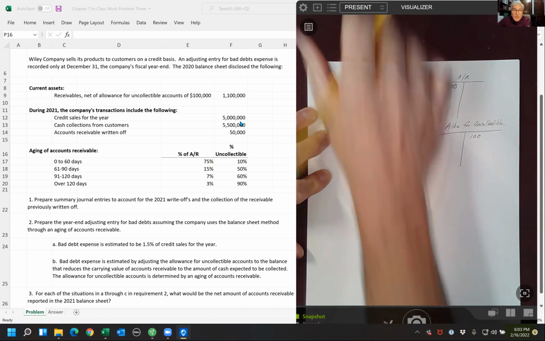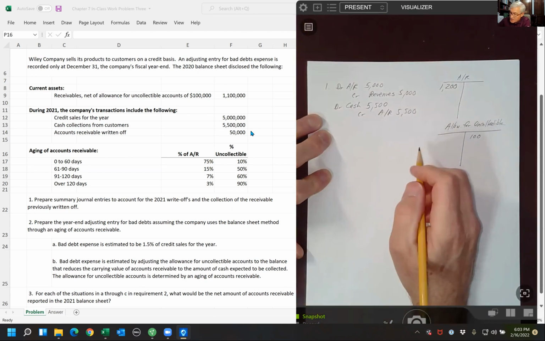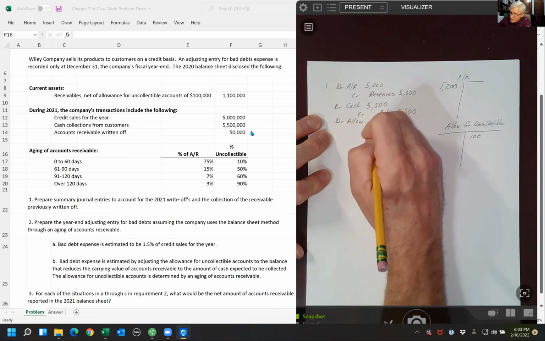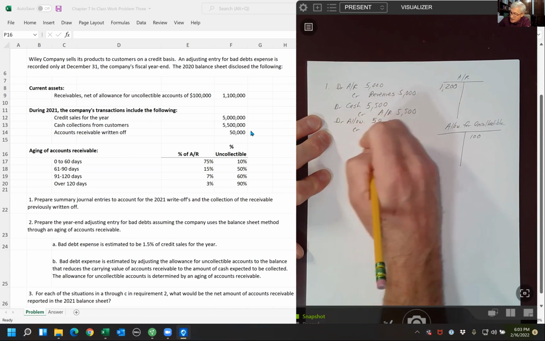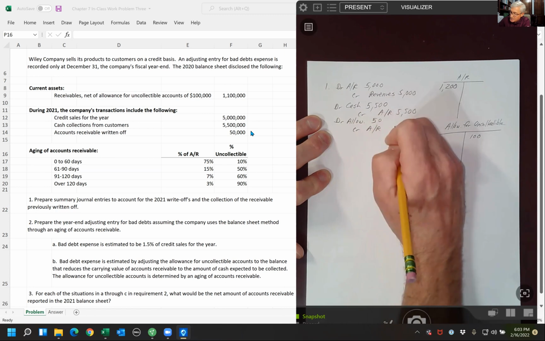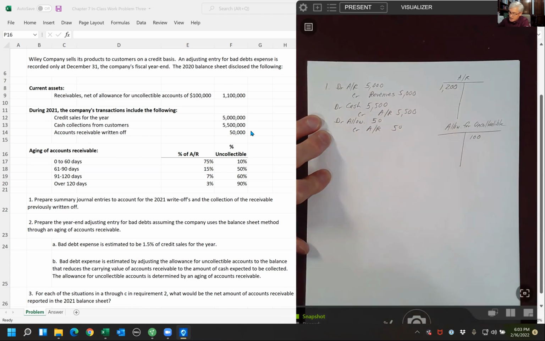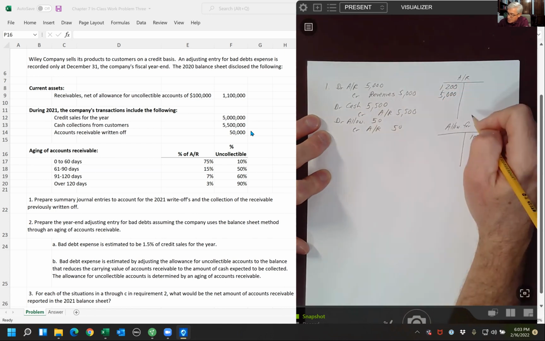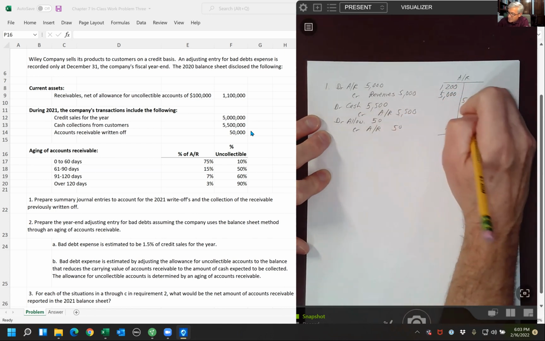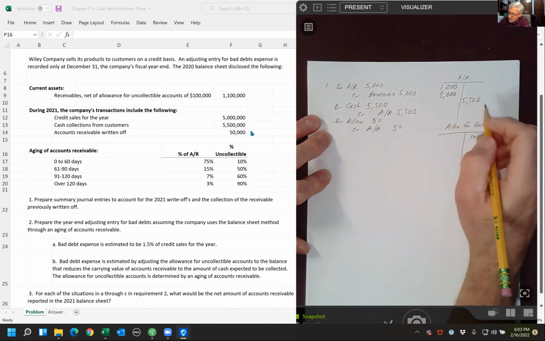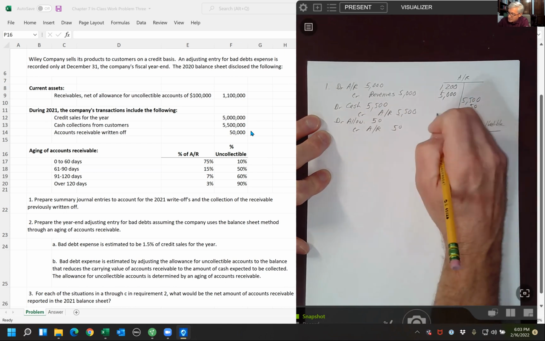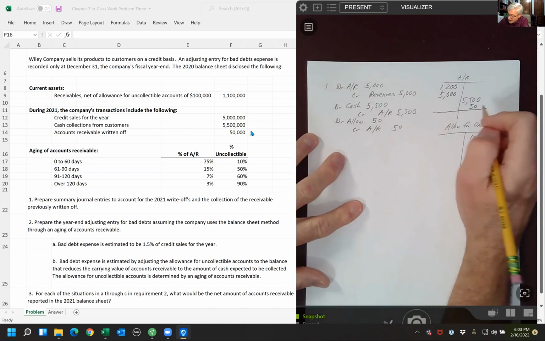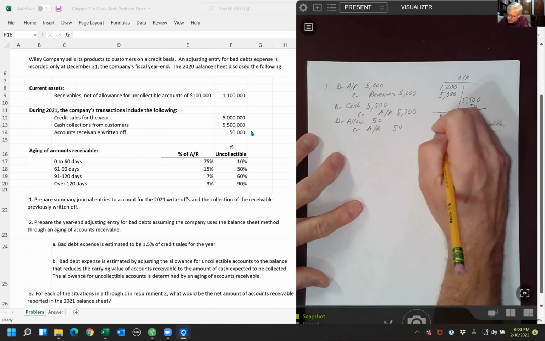And we wrote off $50,000 of receivables. So we're going to reduce the allowance for 50, and we're going to credit and reduce the AR for that same 50. Let's go post these. $5 million of credit sales, our cash payment, $5,500, and write off the AR 50. Our final balance in AR is $650.